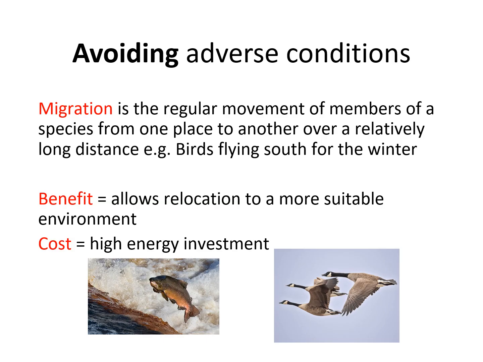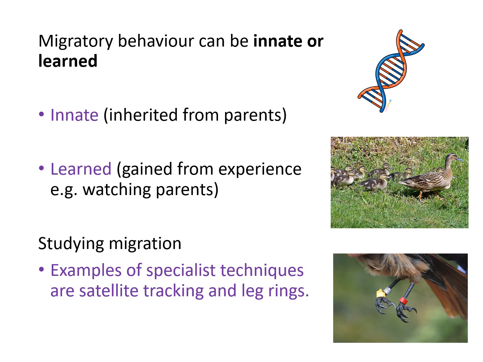And the benefit of that is it's allowing relocation to a more suitable environment, but the cost is that they're going to have to put in a lot of energy in order to do that. So lastly, migratory behaviour can be innate or learned. And innate means that animals are born knowing the route or the timing of their migration. So many birds are just going to instinctively fly south in the autumn without being taught.